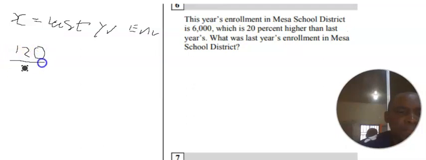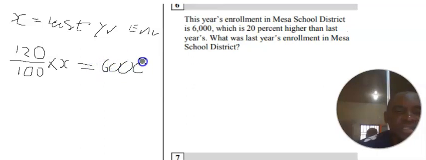You are dividing by 100. So 120% of X is equal to 6,000. That's just what that means.